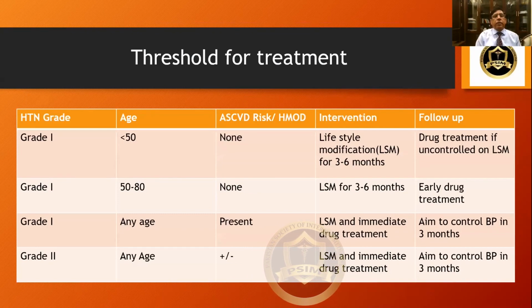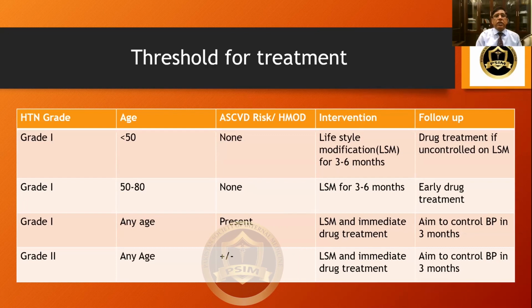So putting it in a tabular form: hypertension grade 1, age less than 50, no cardiovascular risk factor or hypertension-mediated organ damage. The intervention is lifestyle modification for 3 to 6 months, and follow up, start drug treatment if lifestyle measures alone are not sufficient to control the blood pressure.